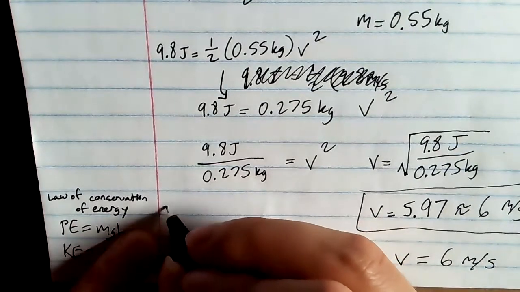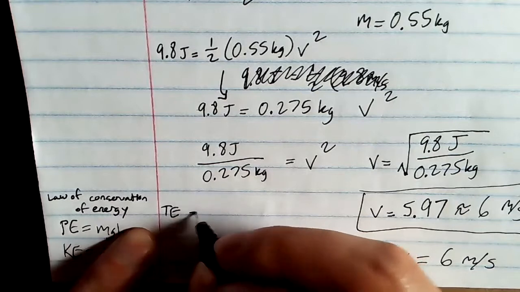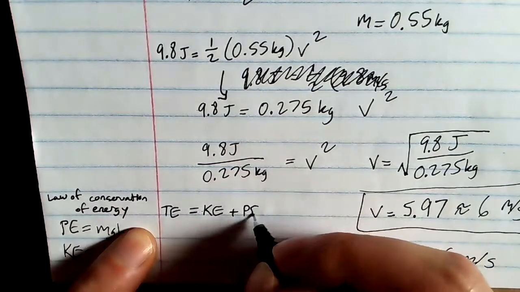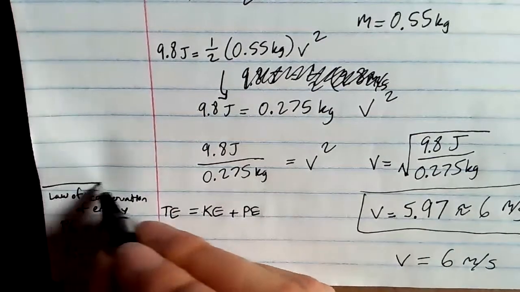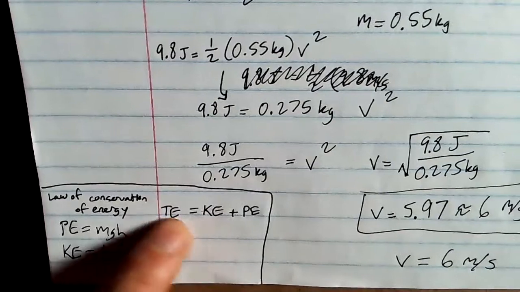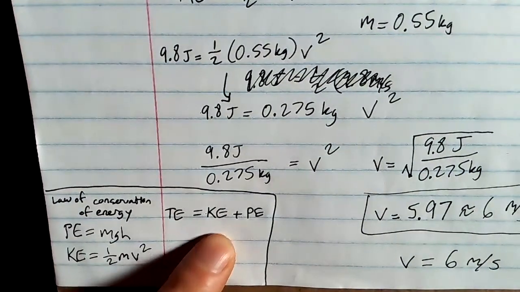So total energy is equal to the kinetic energy plus the potential energy. Okay, let's move on.